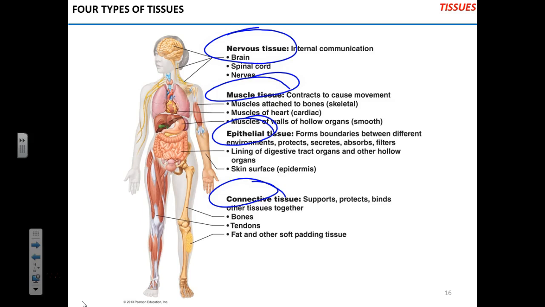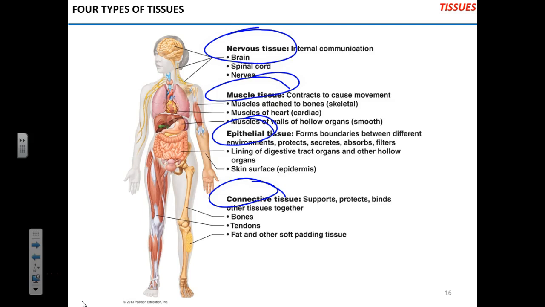What is important, epithelial tissues, I'm trying to think if there are any exceptions to this rule, and I cannot. Every epithelial tissue is exposed to some kind of lumen, empty space. Does that make sense? And we will see examples of it.